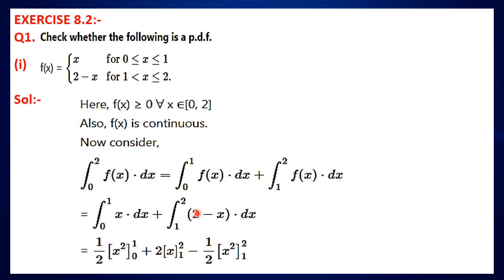And the second term is 2 into the integral of dx, minus the integral of x, which is again 1 by 2 into x square, with limit values 0, 1 and 2.